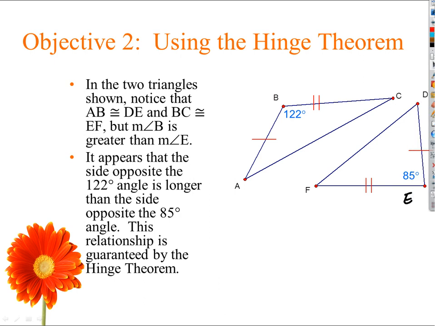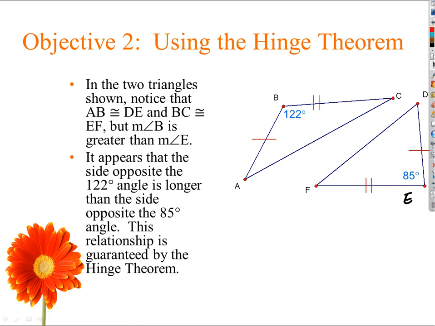If the included angle between those two congruent sides in the first triangle is greater than the included angle in the second triangle, what does that tell you about the third sides? You can kind of see it from the picture.